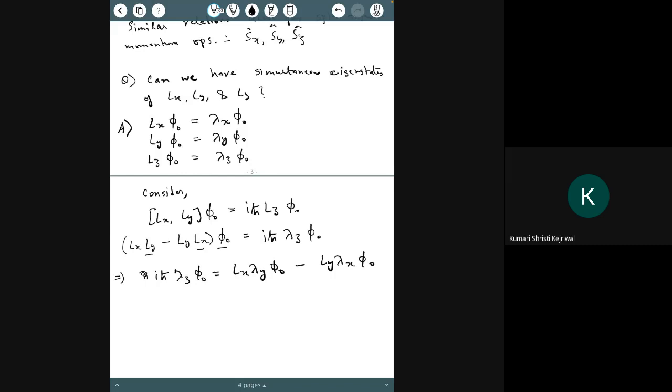And that is equal to, now this is a number, so I can move this before Lx. And I end up with lambda y lambda x. Now Lx acting on phi 0 gives me lambda x phi 0, minus lambda x lambda y phi 0.